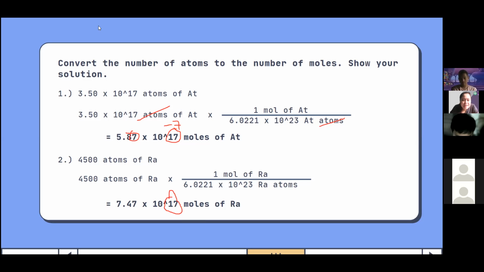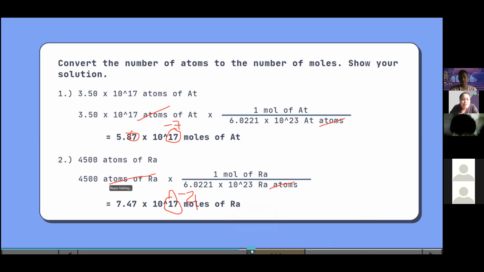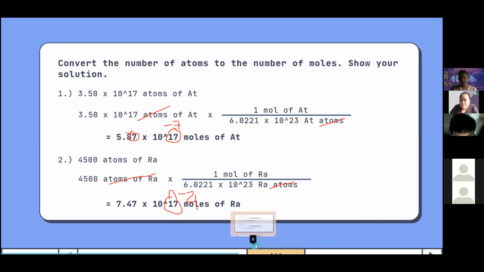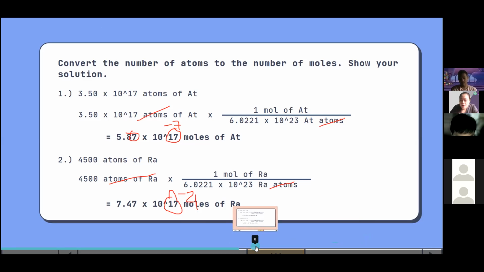Okay, this should be negative 21. Okay, take note of the correction ha. Cancel the atoms here. Okay, 4,500 atoms is equivalent to 7.47 times 10 raised to the power of negative 21. Okay, again, take note of that.